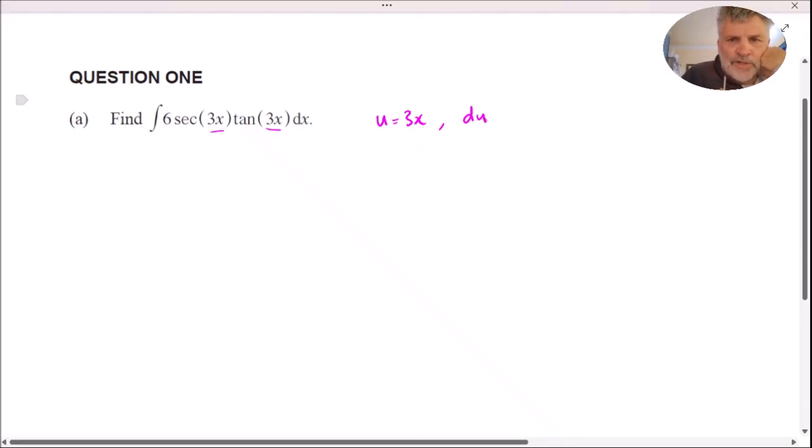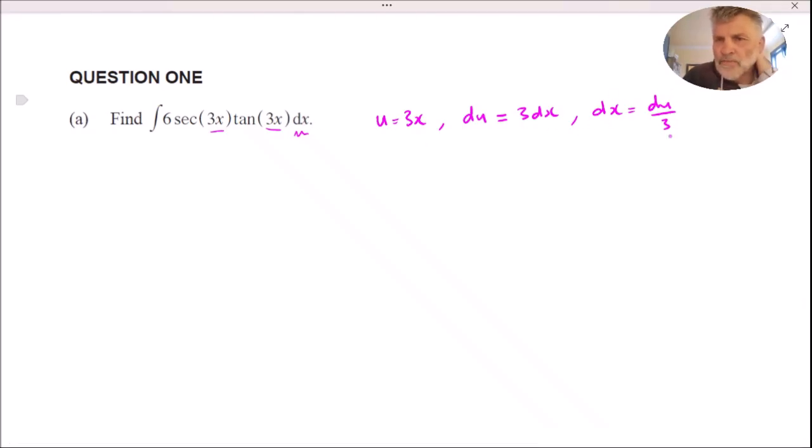When we do that substitution, we get du equals 3 dx. Since we've got dx over here, it's more useful to rewrite this as dx is du divided by 3, so in place of dx we can put du divided by 3.